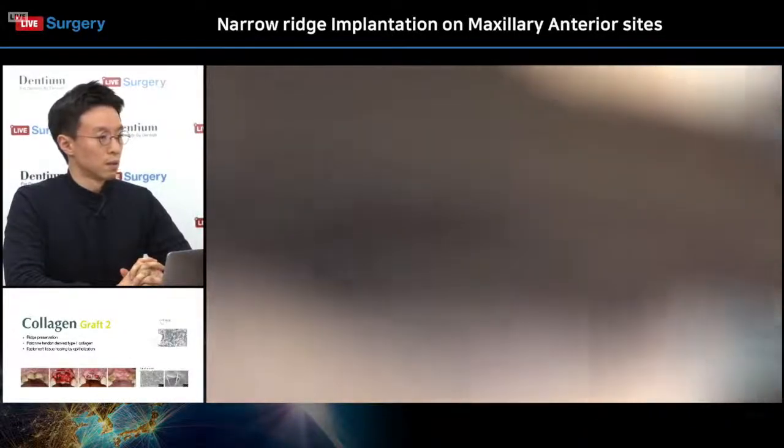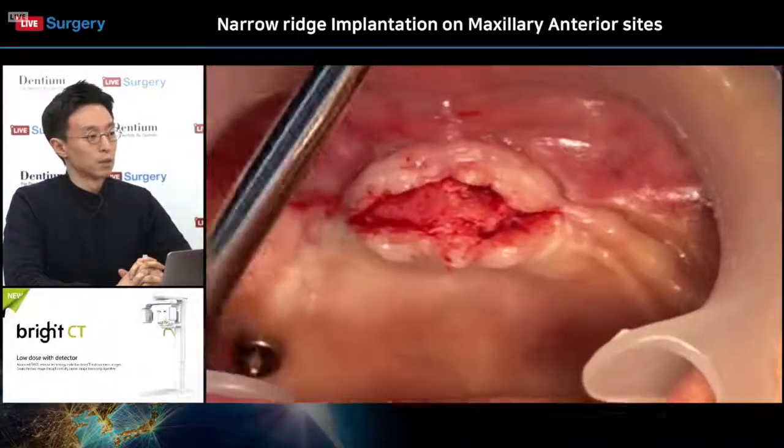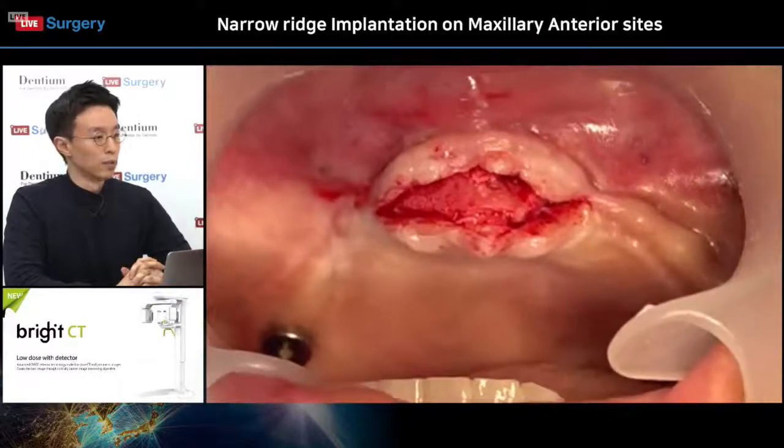It looks like there is enough bone amount at the labial side.